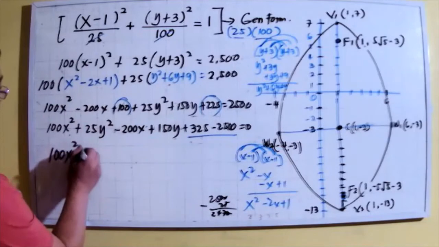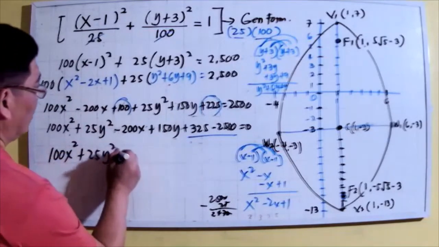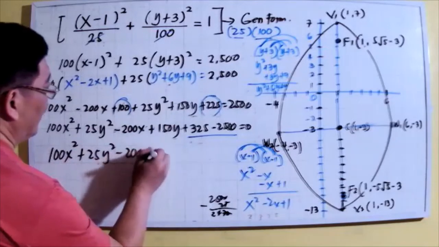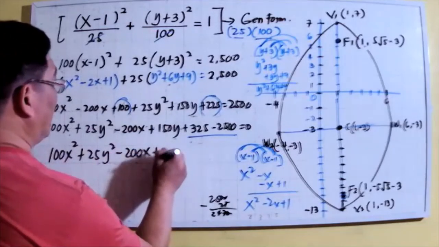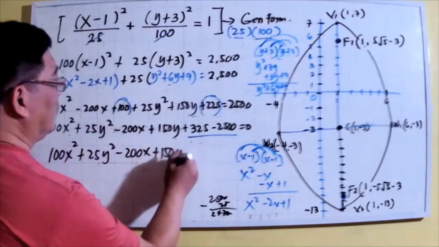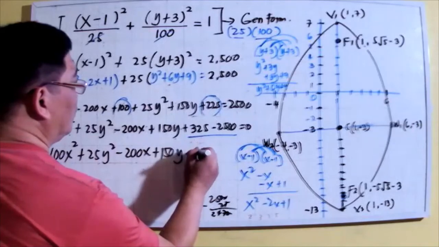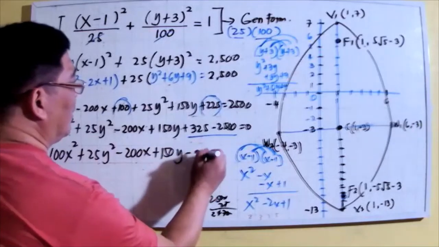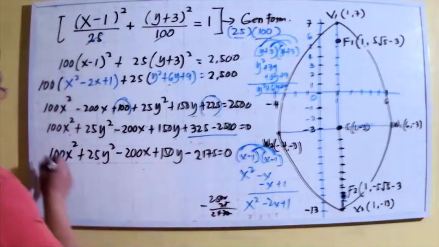Okay, I'm going to rewrite it. 100x squared plus 25y squared minus 200x plus 150y minus 2,175 is equal to 0.